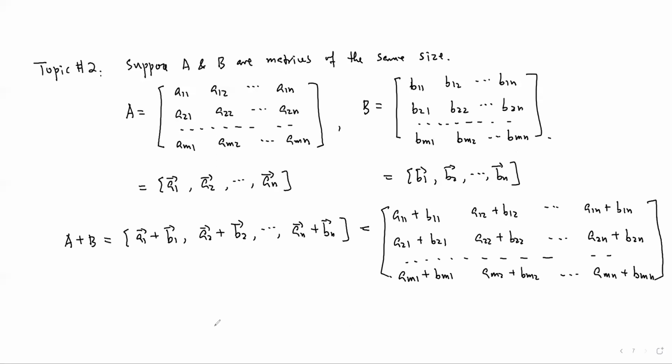So A plus B is a new matrix by adding corresponding entries.